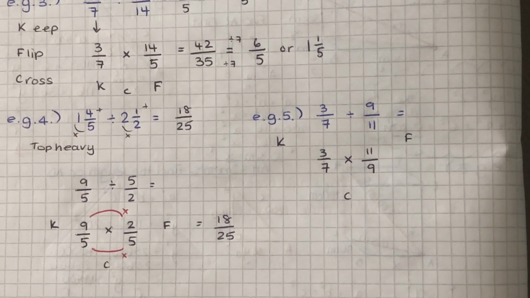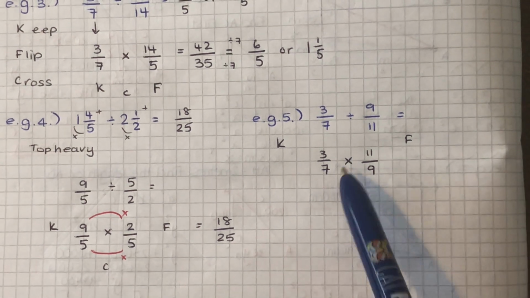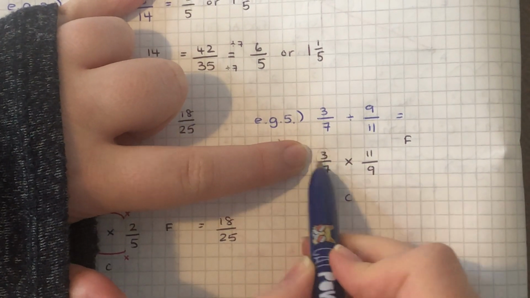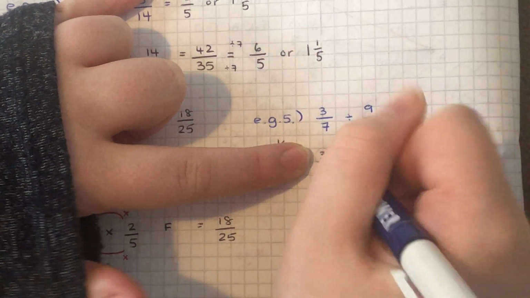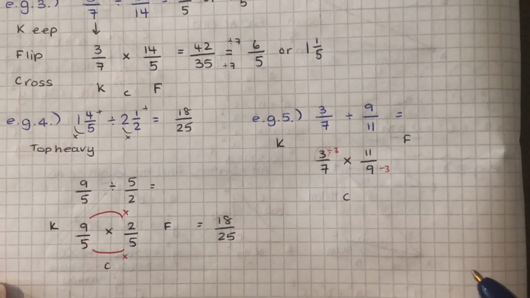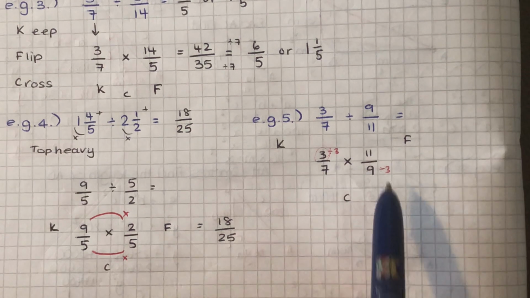Now at this point, before we actually multiply them, we can simplify. If we look at just the 3 and the 9 to start off with, you can divide both of those by 3. These are fractions, and these lines just mean divide.